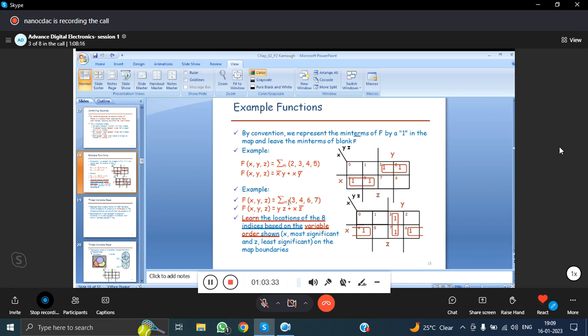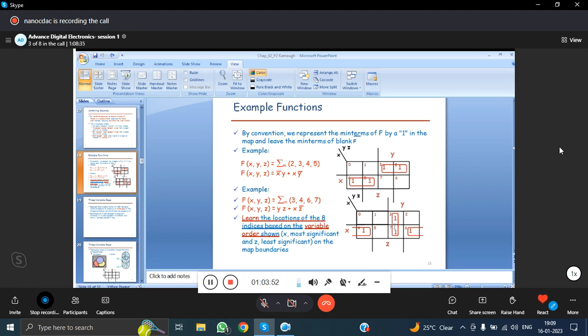Let us suppose if we take one more example, 3 4 and 6 7. 3 4 6 7, how do you write the equation? If you write the logic equation and minimize, you will get the same value, because common terms you will be taking out.